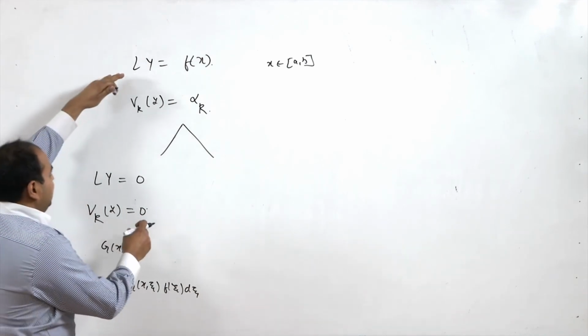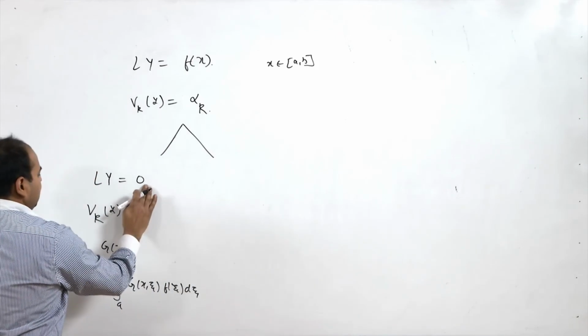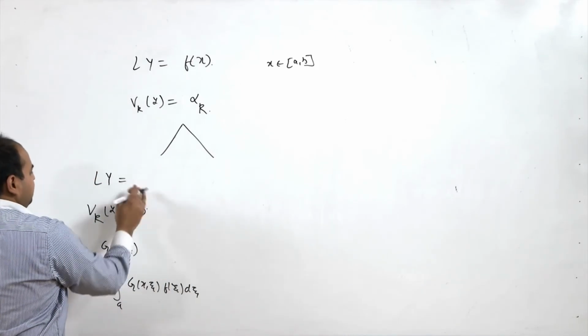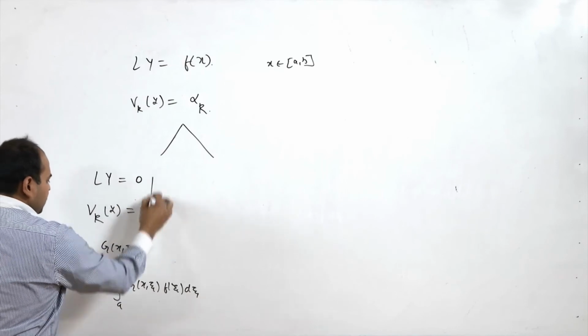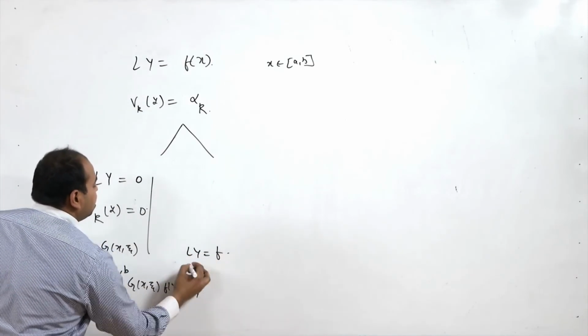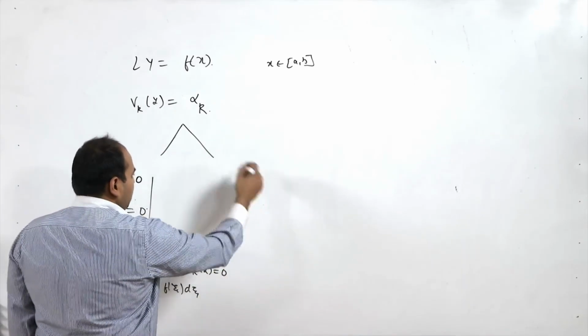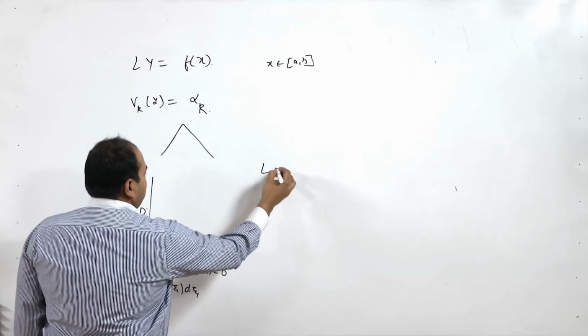Then we simply convert this into two problems. So this is the solution of Ly equal to f with V_k y equal to 0. Now let us look at this particular problem.